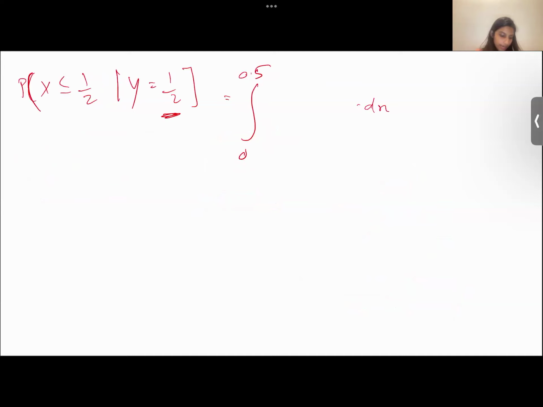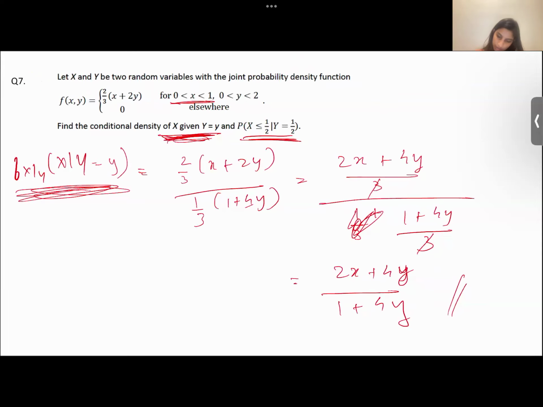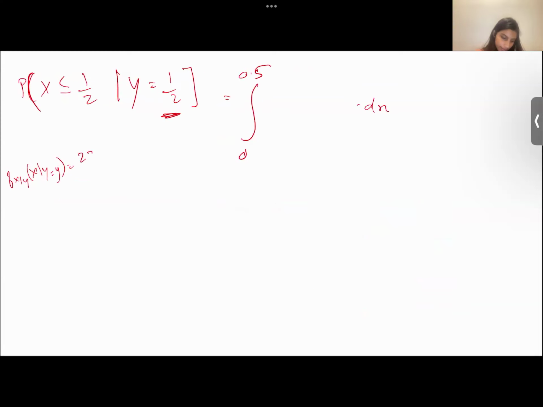So 2x plus 4 into 1 by 2, which is 2, divided by 1 plus 4 into 1 by 2, which is 2.